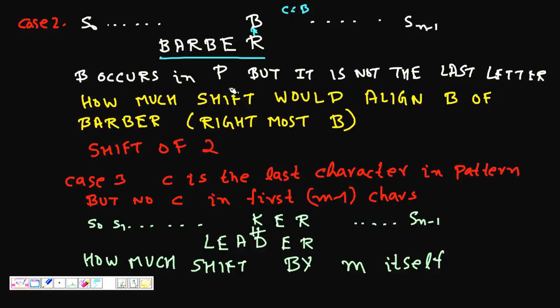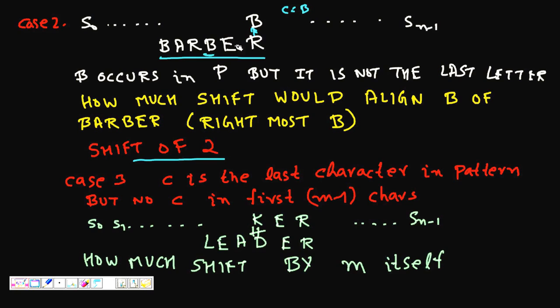So how much shift can I make so that I don't miss any pattern if it was found? If I make a shift by 1, again E is not equal to B, that will not work. But if I make a shift of 2, this B will get aligned to this B, so again the pattern can match. So a shift of 2 will be fine here.